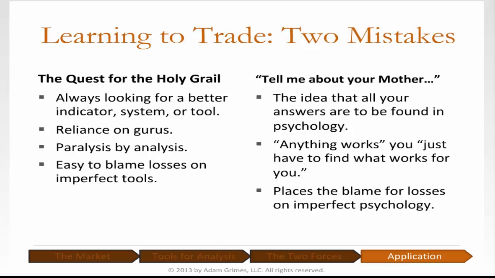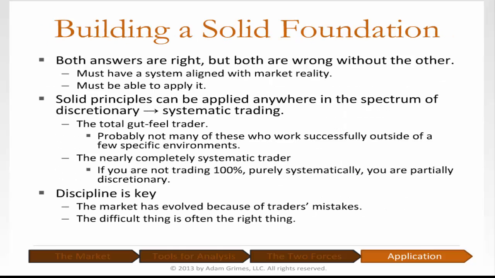The problem is that both of these have some truth. You have to have a solid foundation that incorporates good trading psychology. You have to be able to do the right thing, but you also have to know what the right thing is. Both of these answers are right. They're also both wrong, and they're both wrong without the other. I certainly could tell you exactly the right thing to do in markets.